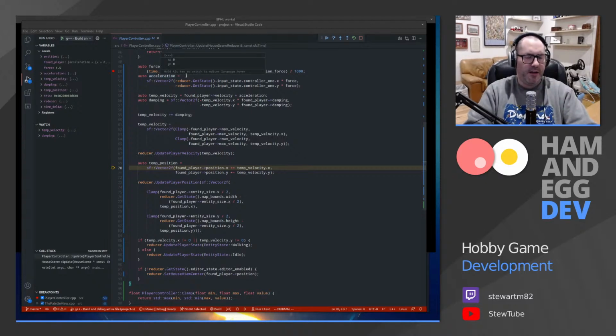Like, we shouldn't ever have... Yeah, the acceleration can possibly be a negative value, which is probably not right. We probably don't want that. The acceleration should always be positive, I think.